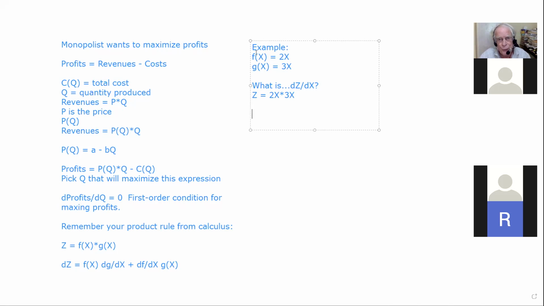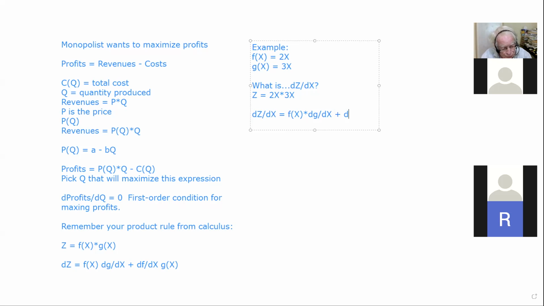Okay, so what did you find out using the product rule? Well, let's see. Let's first take f as a constant and then differentiate g.